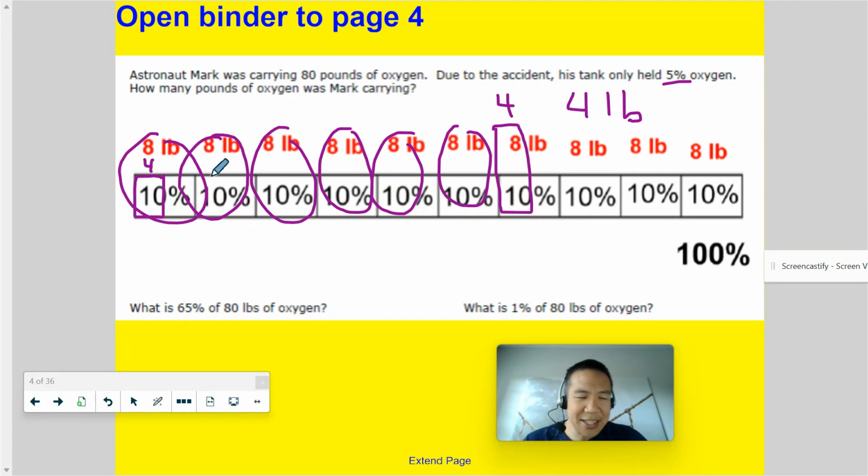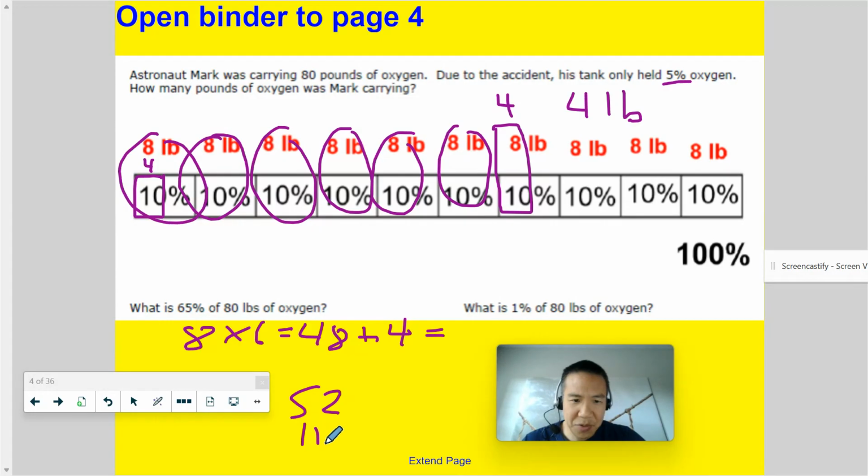So what's 8 plus 8 plus 8 plus 8 plus 8 plus 8? Or how many 8s do you see? 6 of them. 8 times 6 is 48 pounds. Plus the 5%, which is 4 pounds, equals 52 pounds.